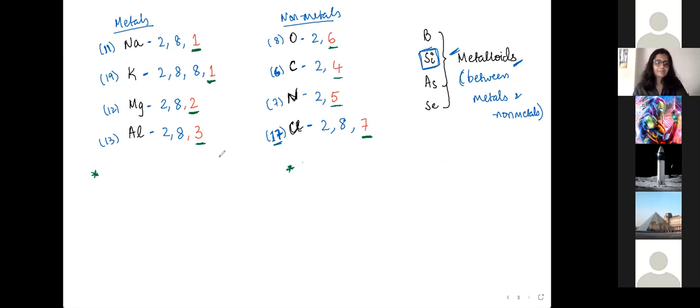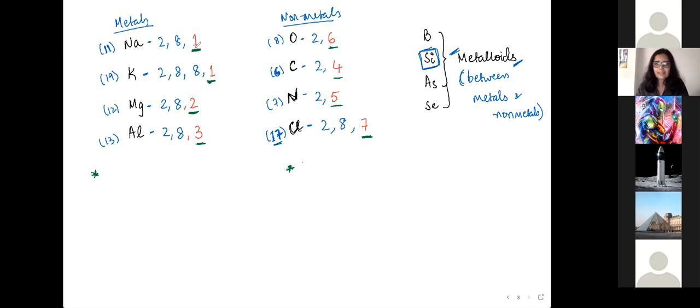Can one observation be that metals can give the electrons in the outermost shell to attain an octet, they can give away the electron, and non-metals can accept? Absolutely. That's actually brilliant, Alina, because that is the whole reason that makes metals different from non-metals.